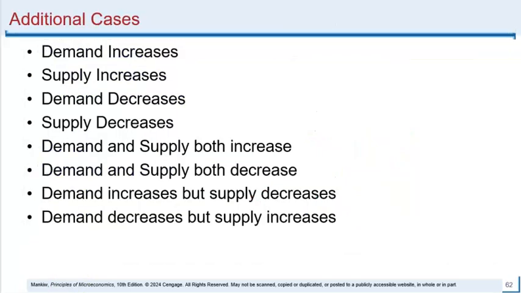Now, we know there are causes of shifts. So all the cases that we have learned, all the examples, we can use them to understand how equilibrium quantity and price would be affected if demand increased, if supply increased, if demand decreases, if supply decreases, if both demand and supply increase, if both of them decrease, and if demand decreases but supply increases.